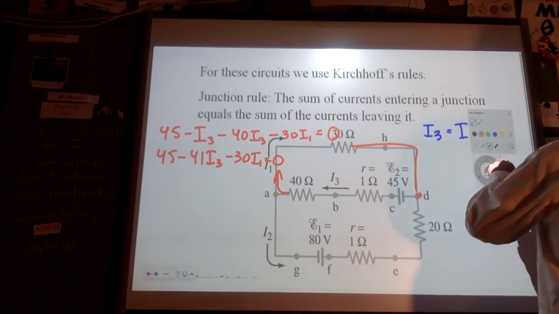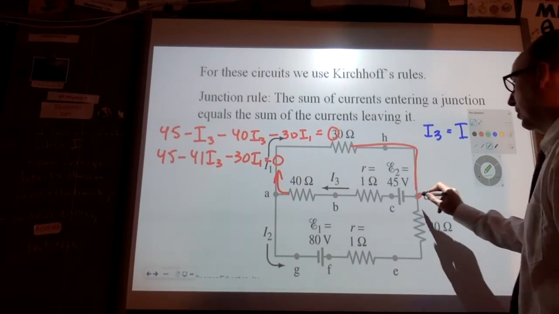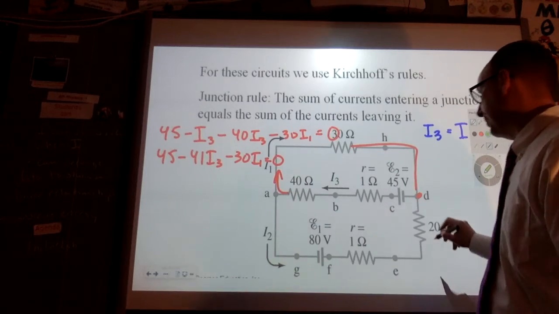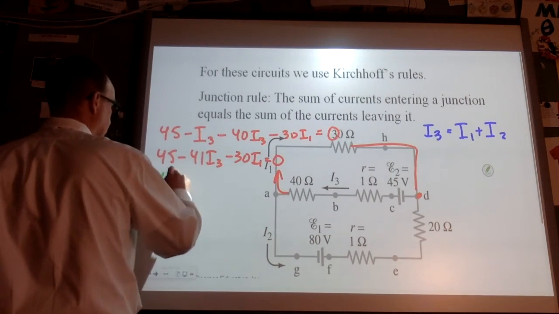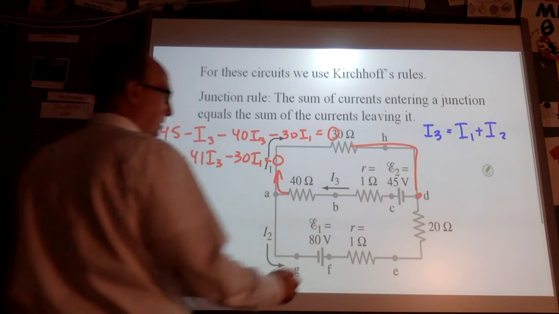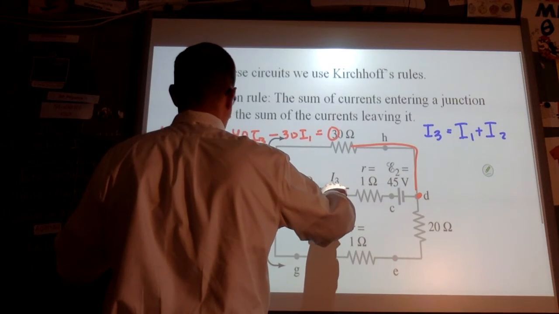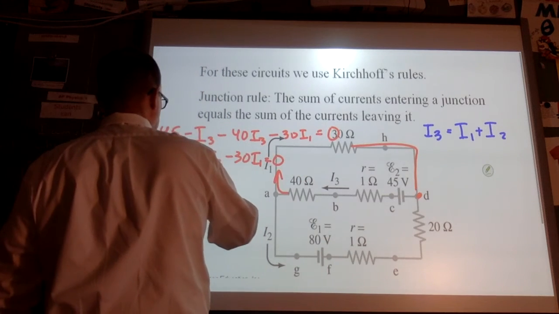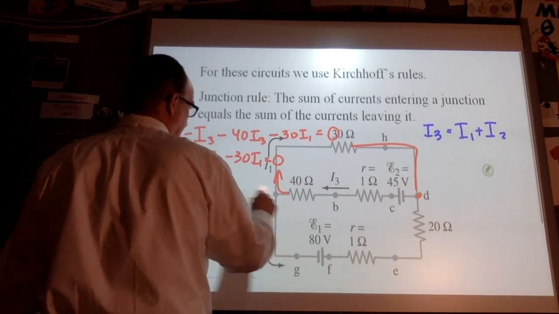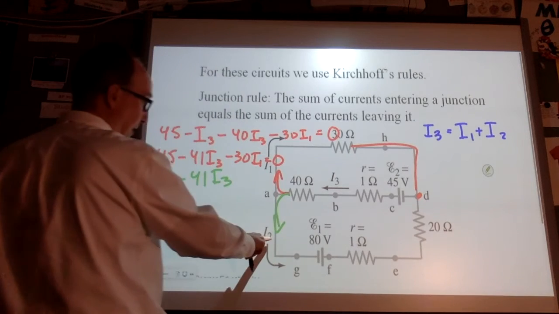And then I can do the same thing, but now I'm going to go down. And so I'm going to have 45, minus, I'm still going to have I3 and minus 40 I3. So minus 41 I3. Now I go down, and this is I2.